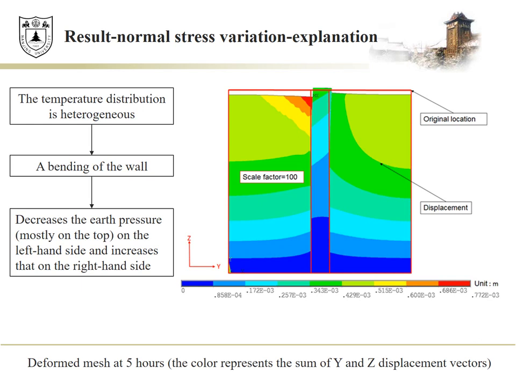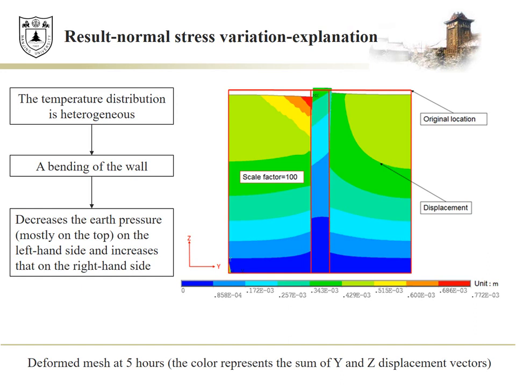However, as the pipes were located closer to the left-hand side, the temperature distribution is heterogeneous. As a result, the temperature on the left-hand side increases more quickly than that on the right-hand side. That induces then a bending of the wall that can be seen clearly on this figure. This bending contributes also to the modification of the earth pressure.